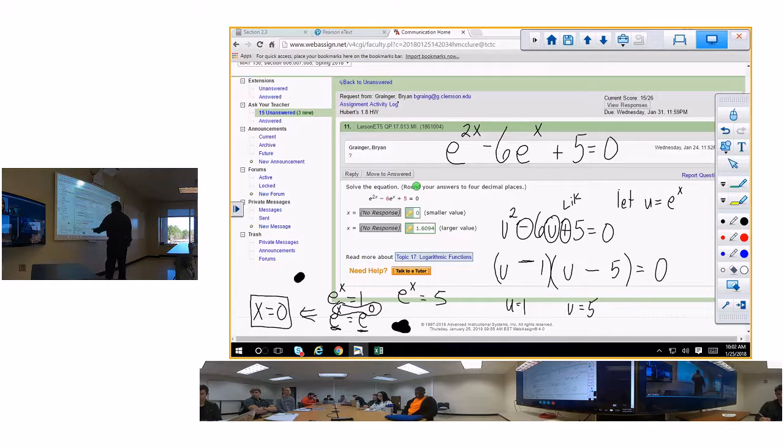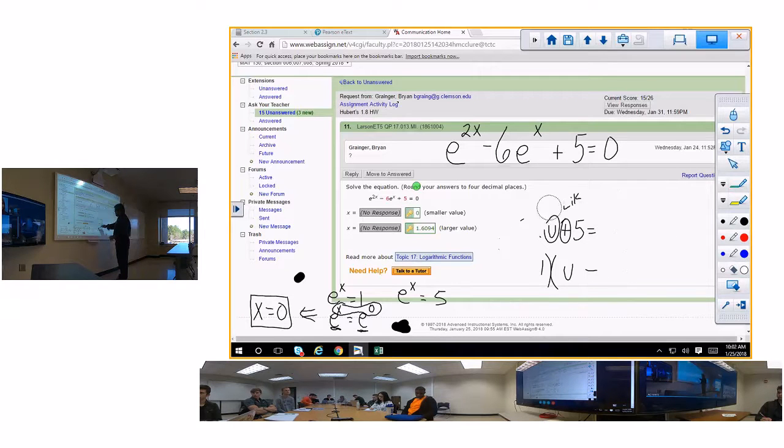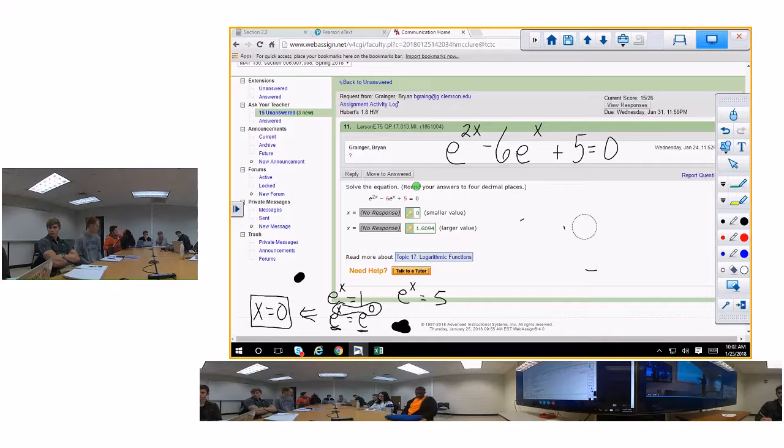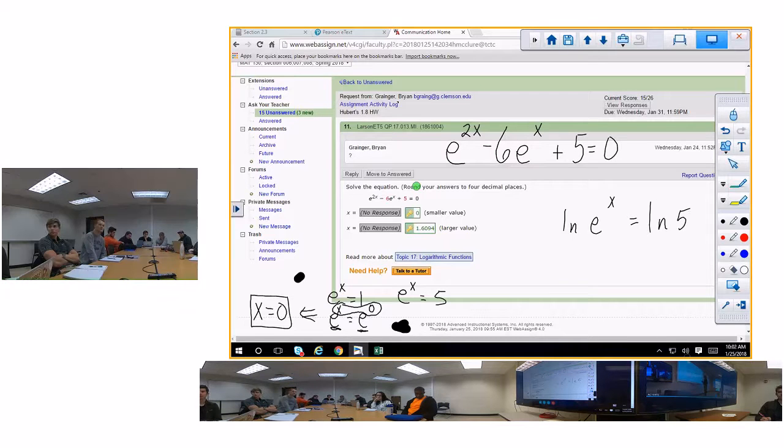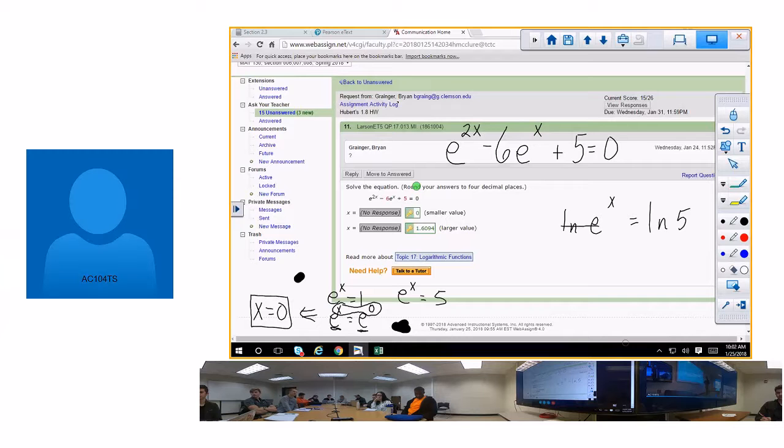Here, you have to take the natural log of both sides. The reason you take the natural log of both sides is because when you take the natural log of e to the x, that becomes x, because the natural log cancels out the e.